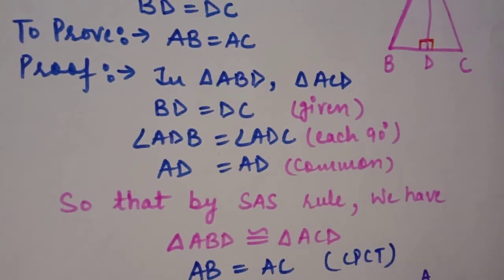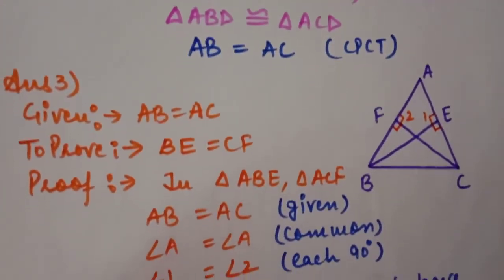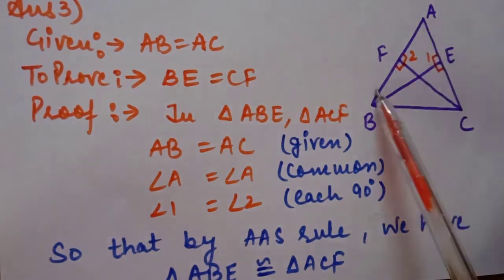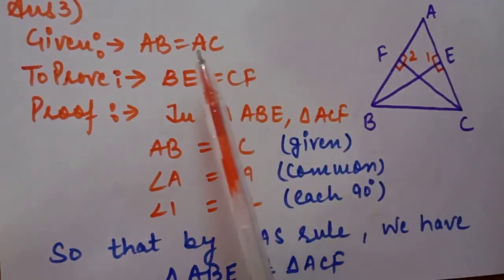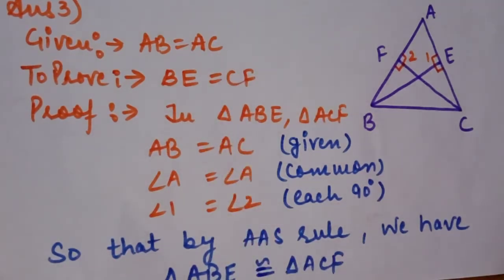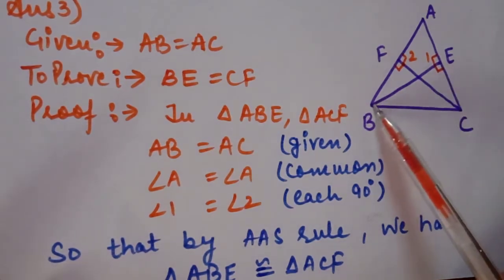Now the question number 3. In question number 3, it is given that ABC is an isosceles triangle, it means it is given AB is equal to AC. And the altitudes BE and CF are drawn to the equal sides.